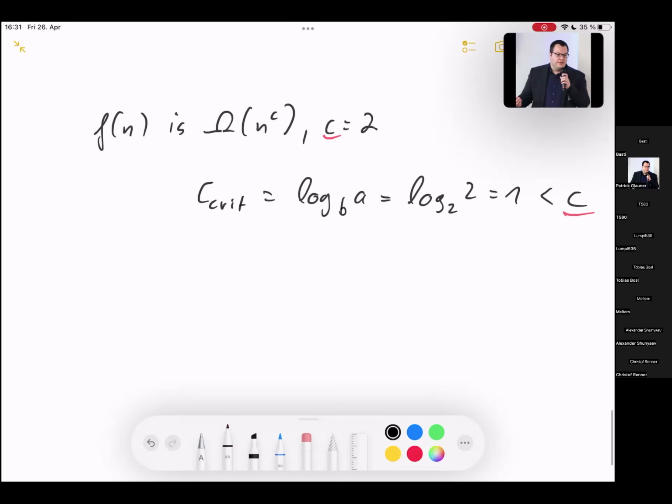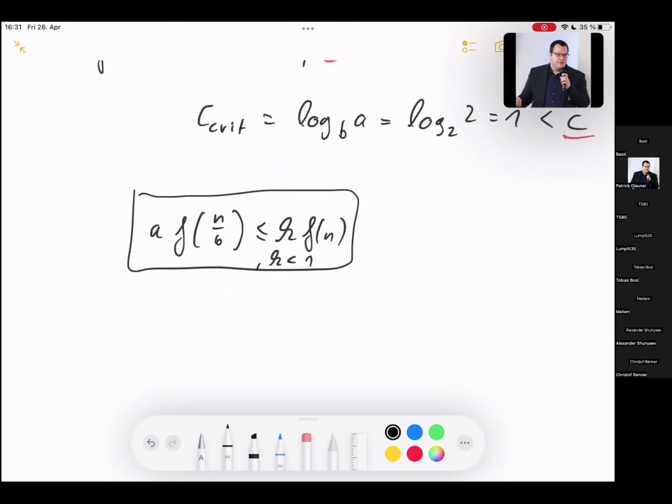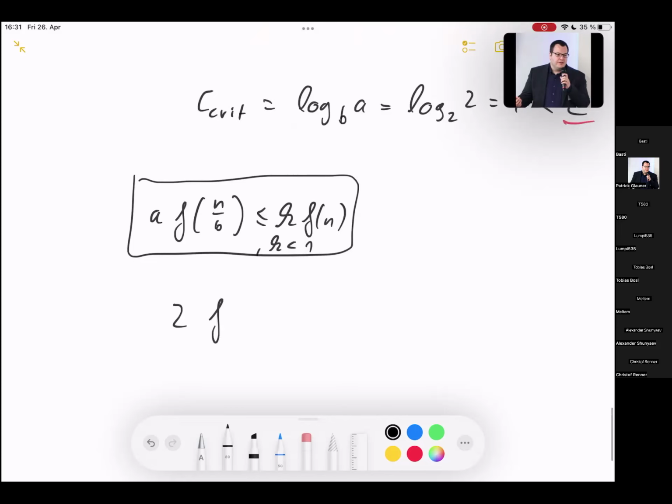In general, the second condition was a times f of n divided by b must be less than or equal to k times f of n with some k that is less than 1. And we want to see if we can find a k. So this actually holds true. We can say that our a is 2. So 2 times f of n divided by b, which is 2.